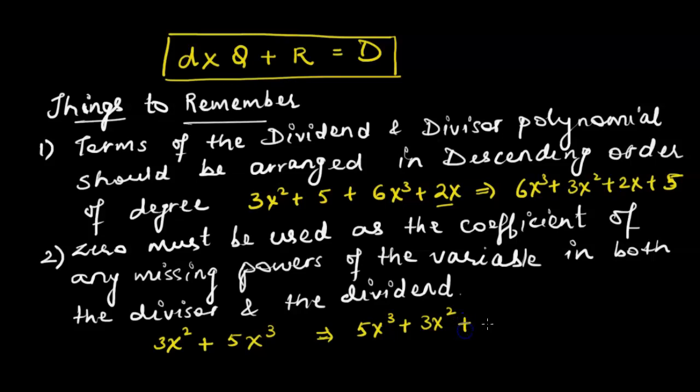Then x to the power of 1 is missing, so we put 0x, and x to the power of 0 is also missing, so we put another 0 after that. This completes the polynomial. Whatever x powers are missing, we put 0 as the coefficient for those powers to complete the requirement of the second step. Both of these requirements will make our division easier.